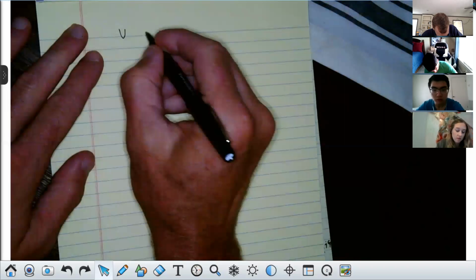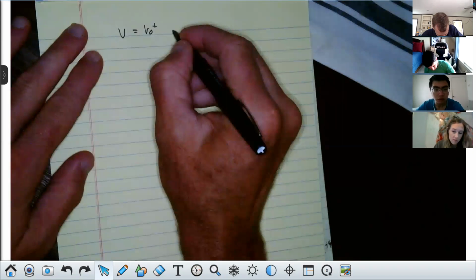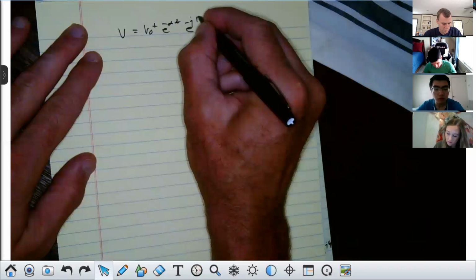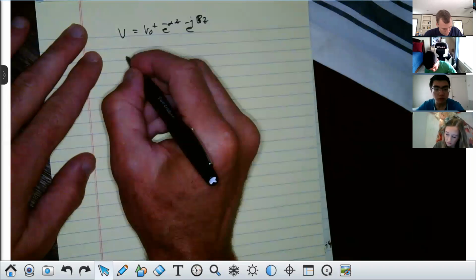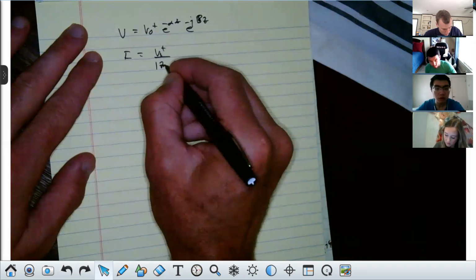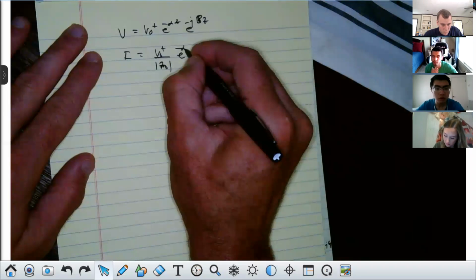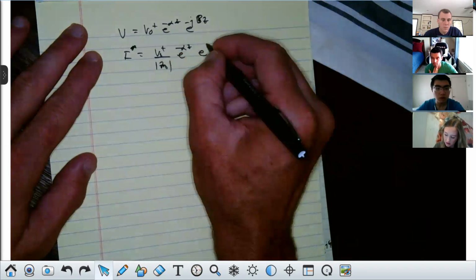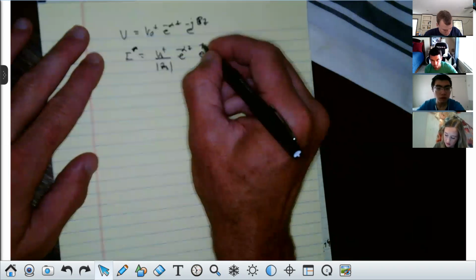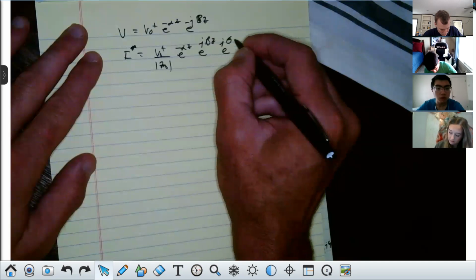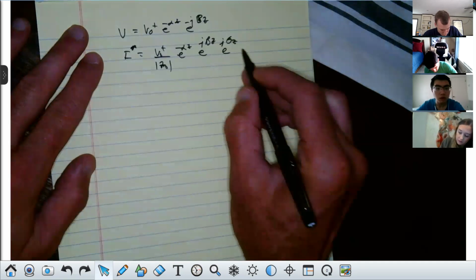When I go ahead and I have a voltage equal to V0 plus e to the minus alpha Z times e to the minus j beta Z, right? And then my current is V0 plus over the magnitude of Z naught times e to the minus alpha Z. Now, remember, I'm going to put the conjugate of the current here, e to the, then it would be j beta Z positive, this angle's positive, times e to the j theta Z, where this theta is the angle associated with Z naught.